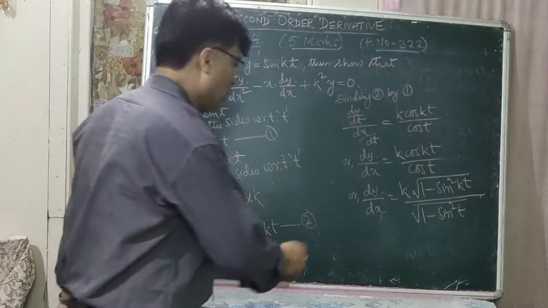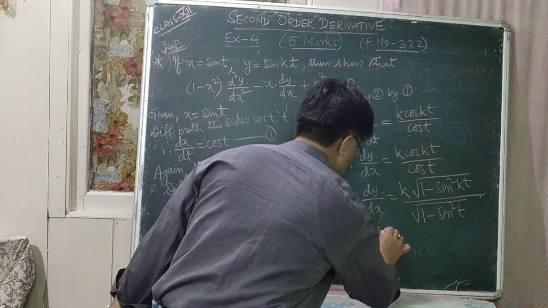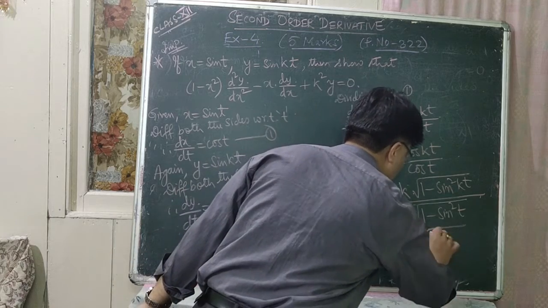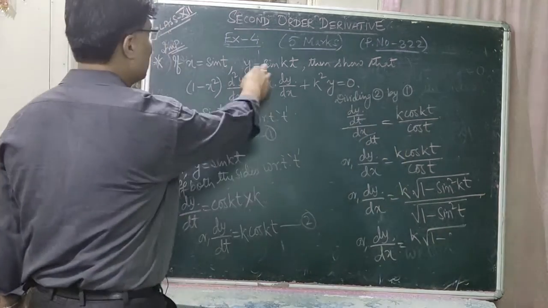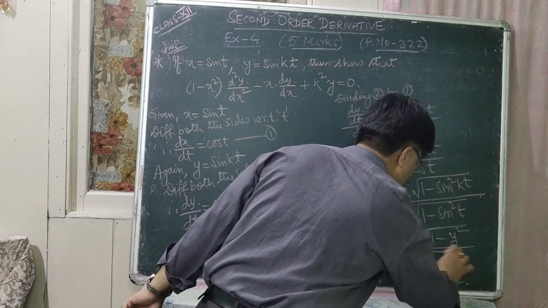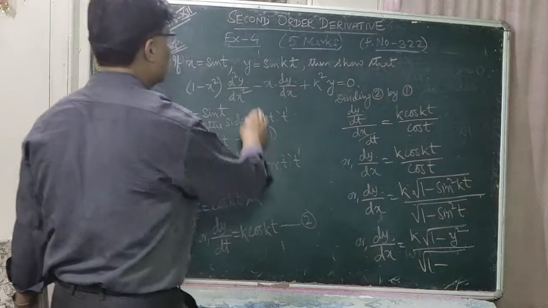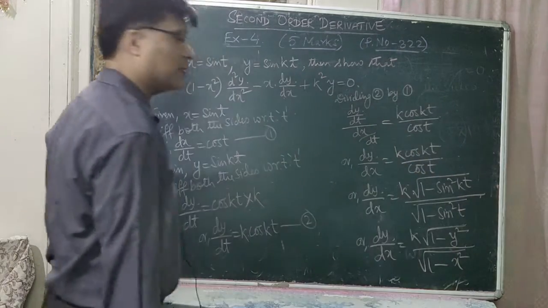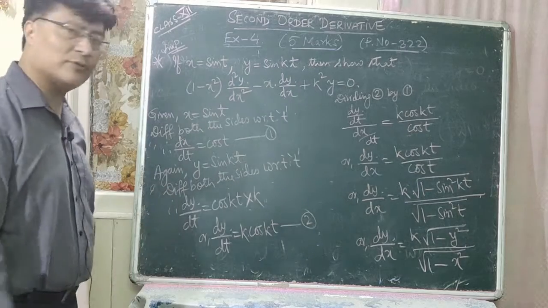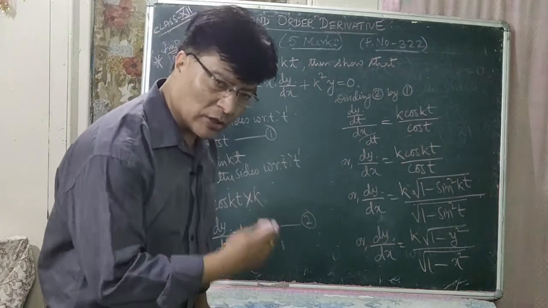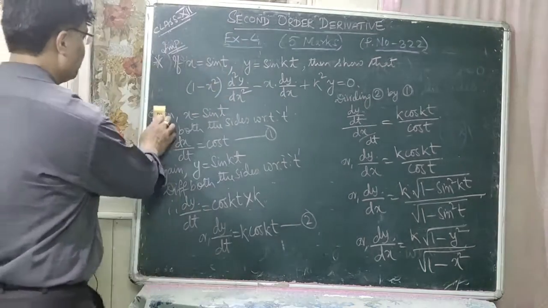So dy by dx is equal to k root over 1 minus y square divided by root over 1 minus x square. So I think you have understood it. Okay. Now before differentiation, you do cross multiplication.